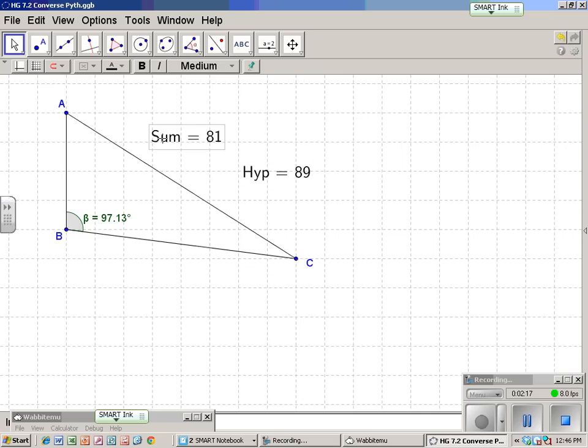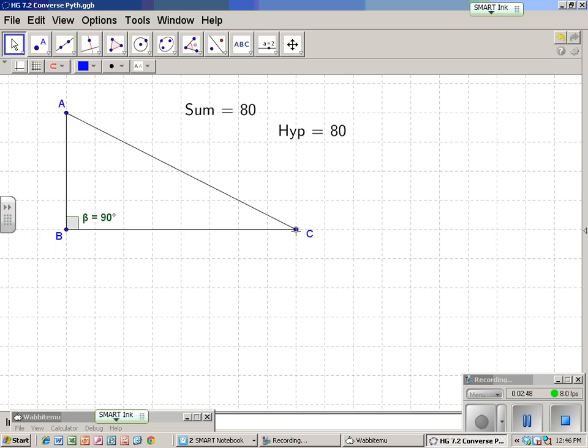The sum of the other two sides squared is 81. That third side, AC, got longer, which is what opened up that angle at vertex B to make it a 97 degree angle compared to a 90 degree. So that third side squared, the hypotenuse squared, got bigger. When we compare these two numbers, the sum of the two sides squared is less than that third side squared.